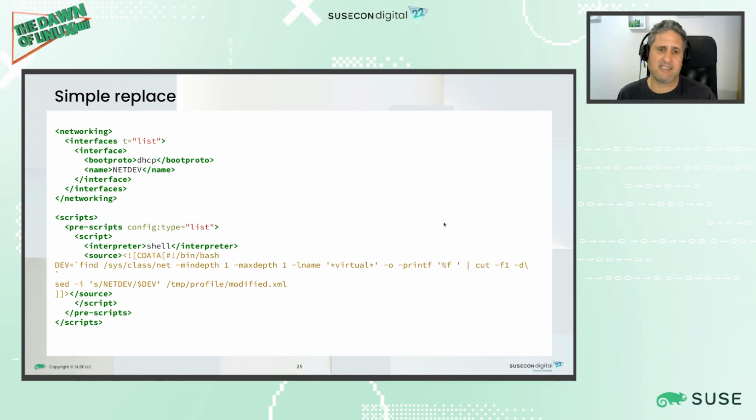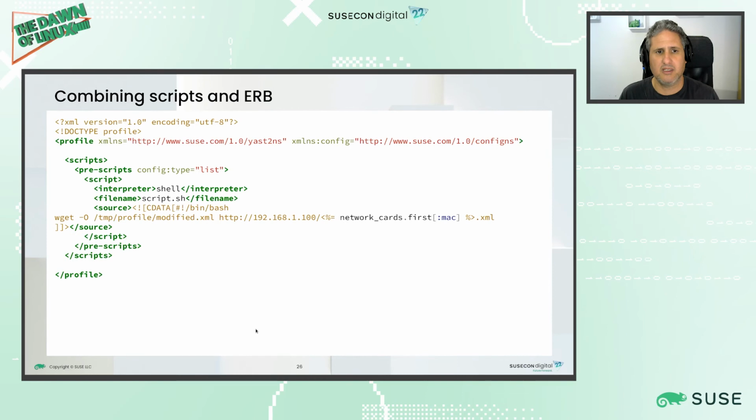In this example, we're basically searching for a given network device, and we are replacing this netdef with the name of that device and generating a new modified XML profile that will be rewritten by AutoYaST. So it's a simple way to work. And here we have a combination of ERB and scripts.